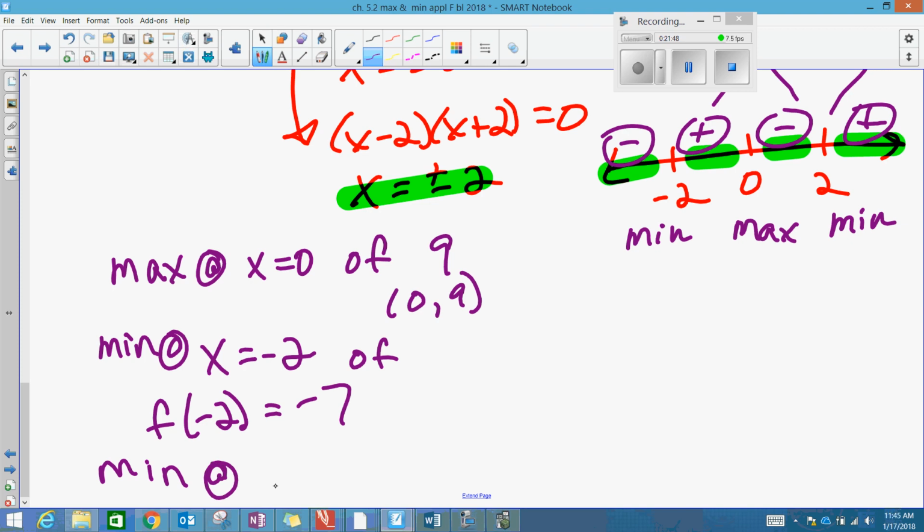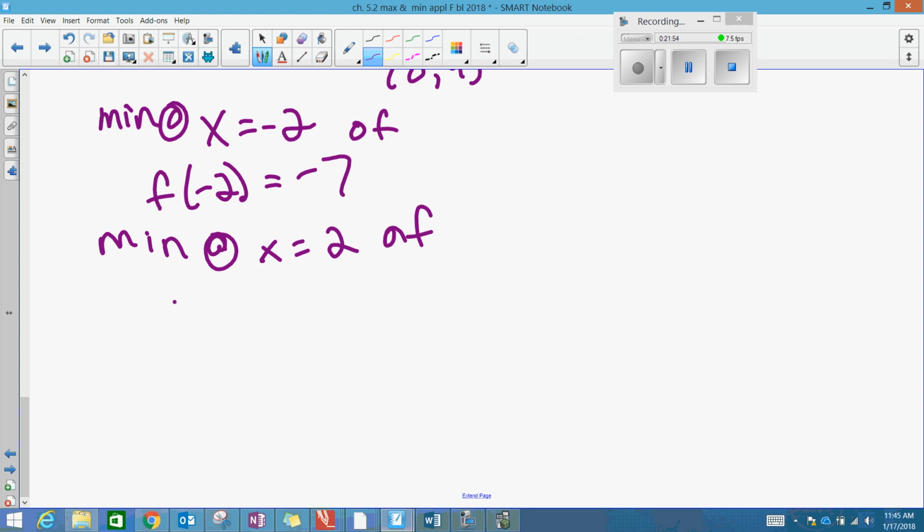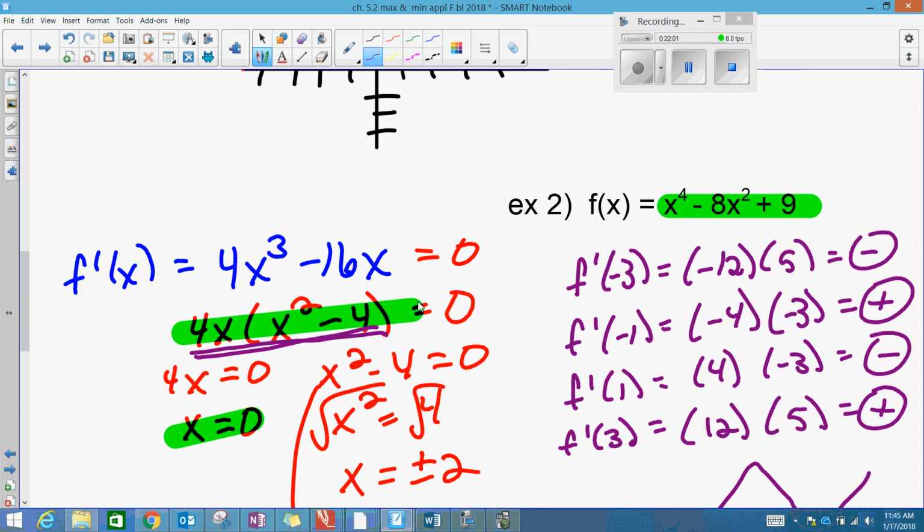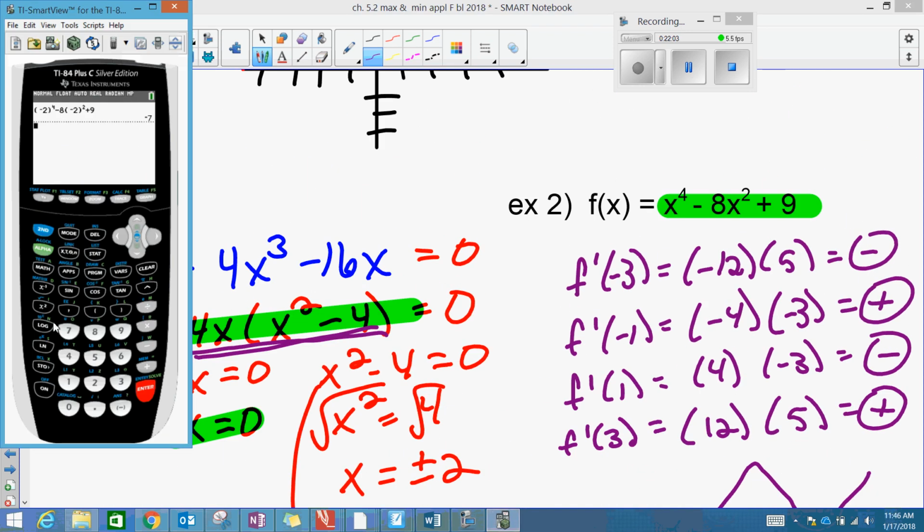I also have a min at +2. And again, to find the value for that, I'm going to plug in +2 to the original equation. So let's go back up here to the original equation. Now I'm going to plug in +2. Again, I'm still going to use parentheses. It's not as critical in a positive number, but it's just good practice.